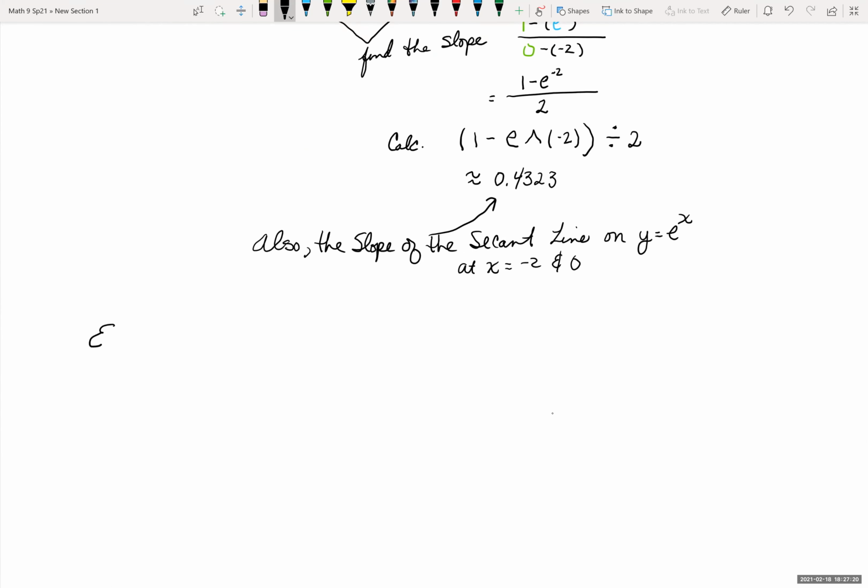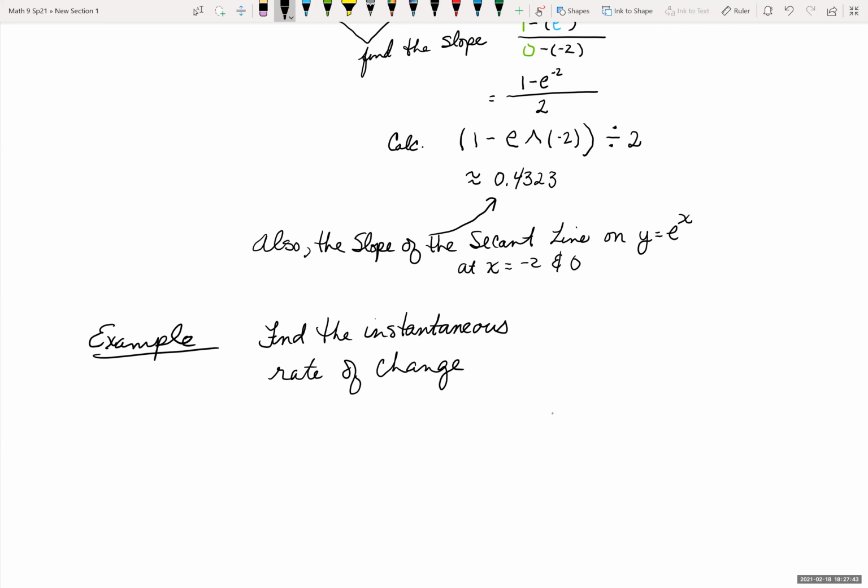We want to find the instantaneous rate of change at x equals 0 on the graph. Let's call it f of x equals e to the x.